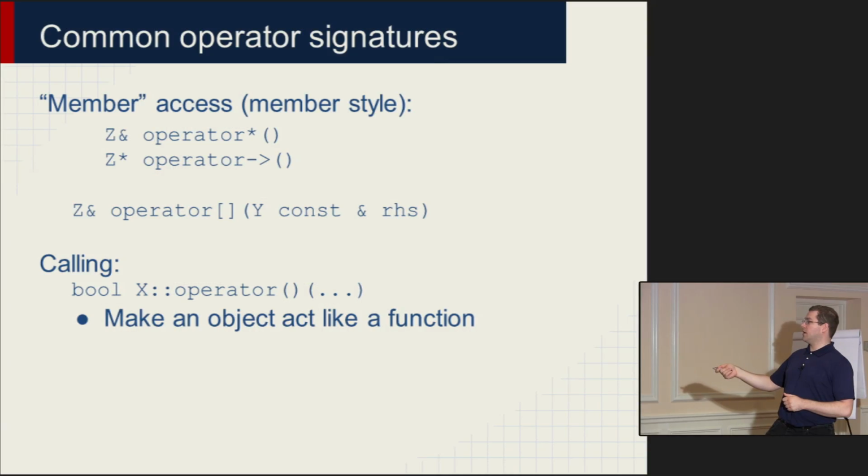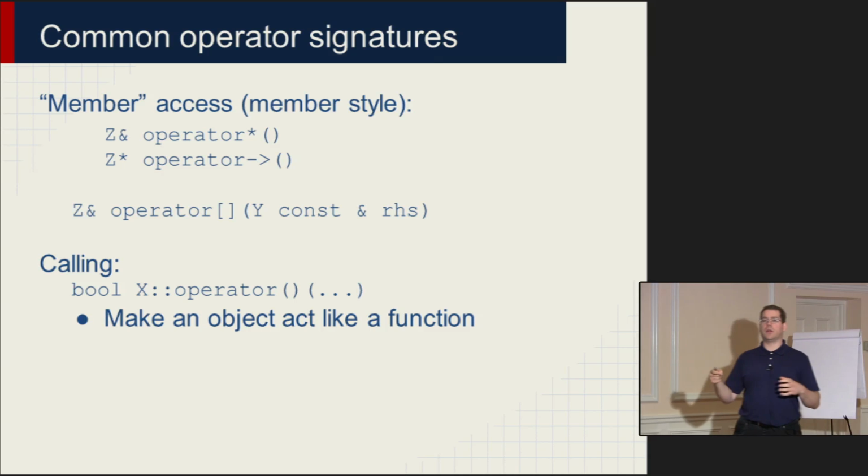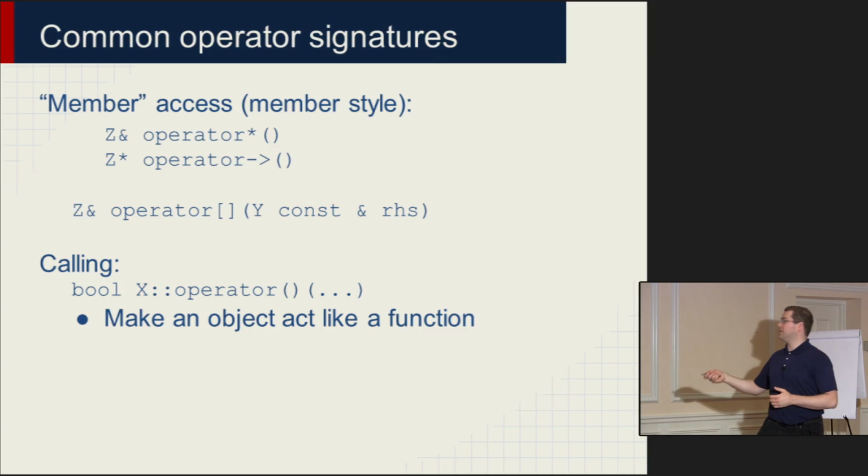Likewise, you can also use the square brackets for element indexing, and with this you could make container classes that take an index or some sort of keyword and work like a map or a vector.